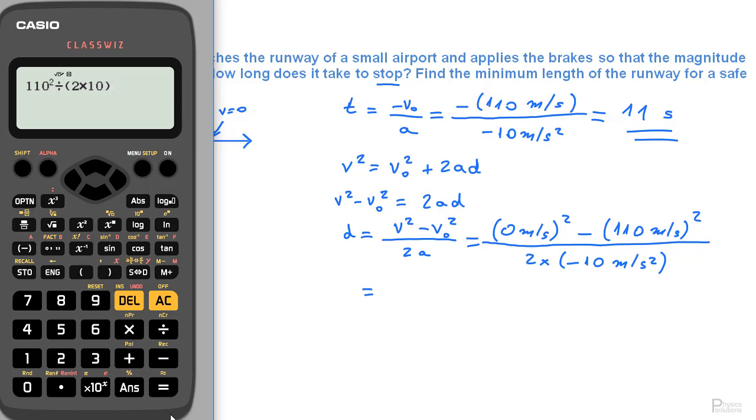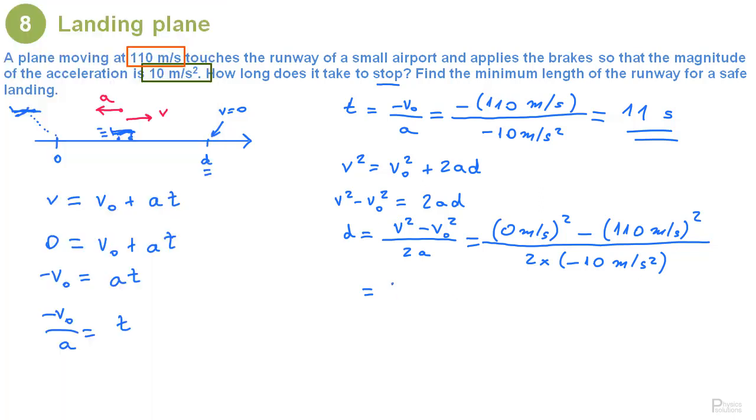So I simply ignore the minus sign. And this is 605. And the units here will be meters. We can check that because seconds squared will cancel with seconds squared, and meters squared divided by meter is meter. So here we have it. This is our distance.